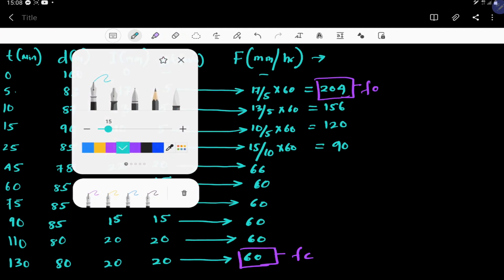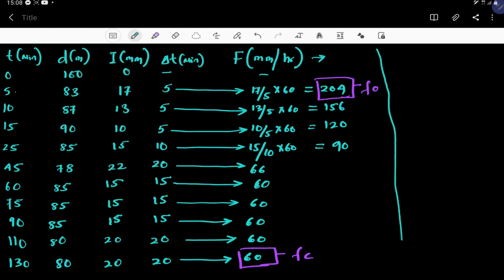So let me draw a line here. Okay, so here I'm going to write ln(f minus fc). fc is 60, f is this value. This column is the f, right?